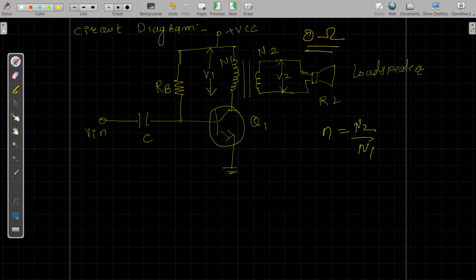Definitely because of that there is no DC voltage drop across the primary winding of the transformer, due to which the slope of your DC load line will be the reciprocal of the DC resistance in your collector circuit, and here it is 0. Therefore, the slope of the DC load line is infinite.